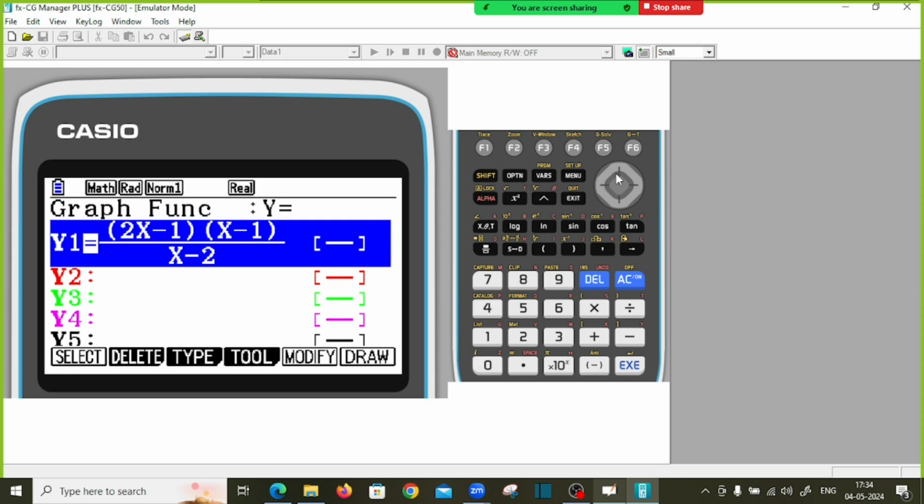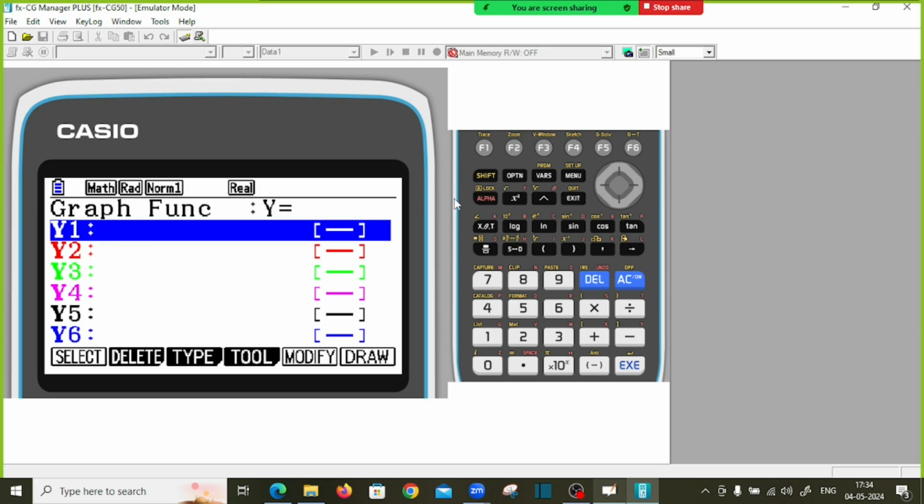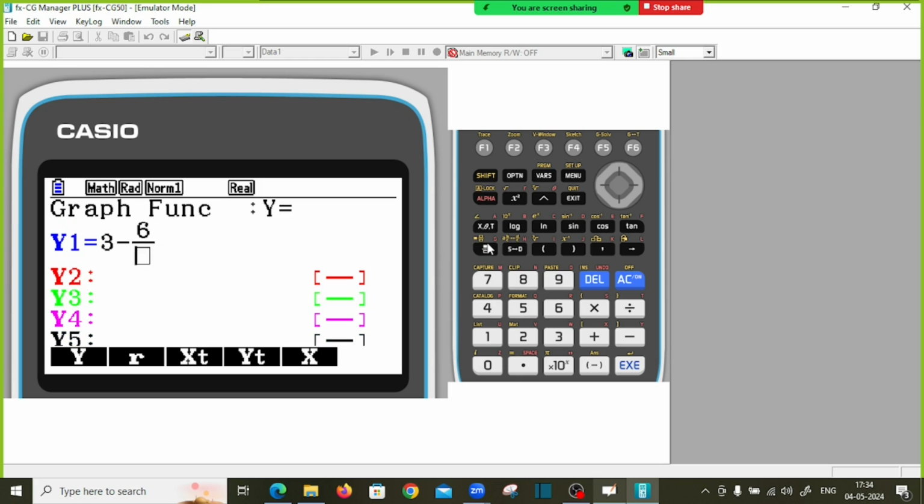So here I want to delete this, so just do F2, delete F1, right? So let us type our expression. Our expression is 3 minus 6 upon x minus 2.